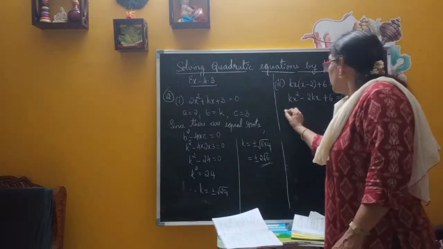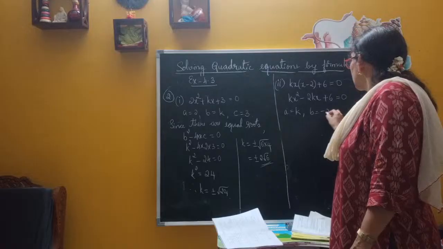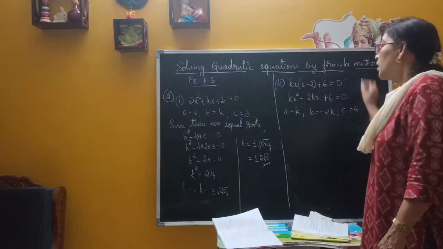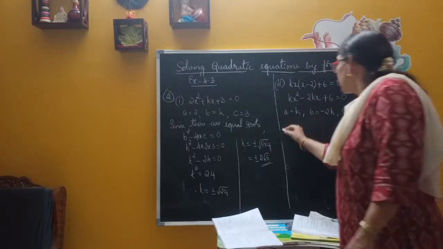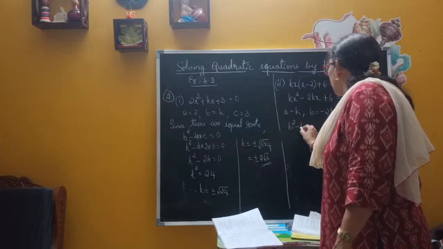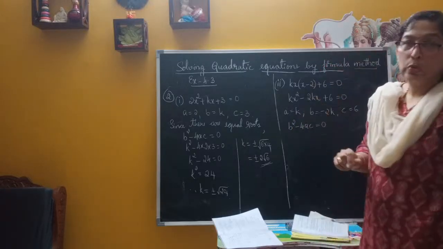Let us write now a is equal to k, b is equal to minus 2k and c is equal to 6. Since there are equal roots, what is the condition? b square minus 4ac is equal to 0.